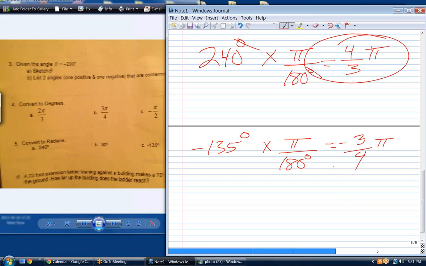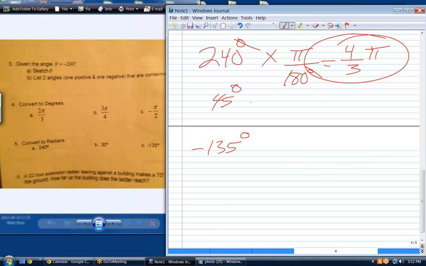Alright. Now, let me give you another way of doing this one, because it can be helpful. It just occurred to me now. If I have the small ones memorized, if I know that 45 degrees is pi over 4, well, what multiple of 45 is 135? 3.